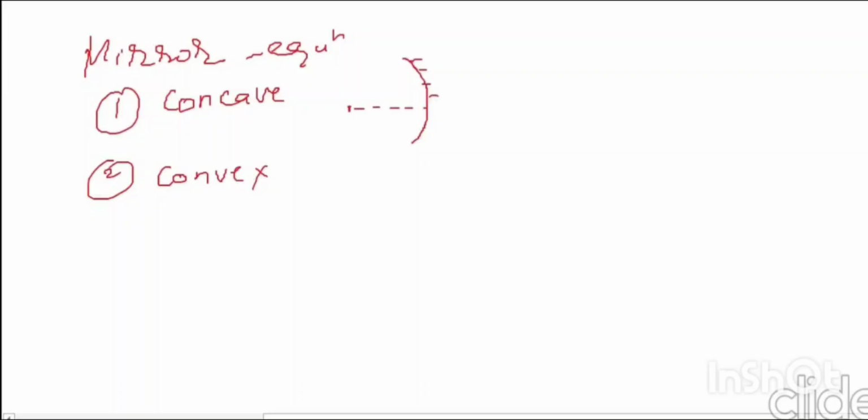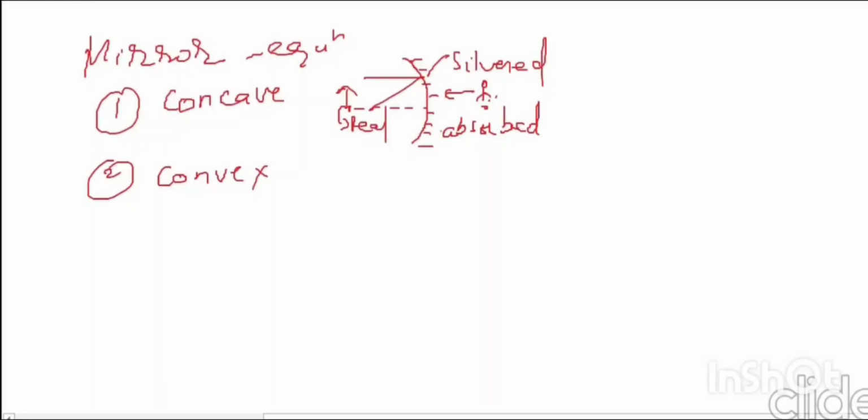So here this side will be hatched. This is the silvered part, where you place an object this side, a real object this side. If light rays are coming like this, they will be absorbed this side. Only if you place the object this side can you form images.